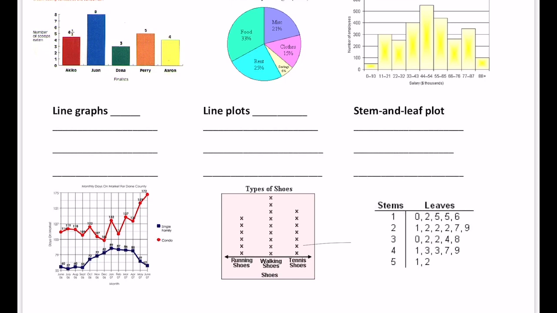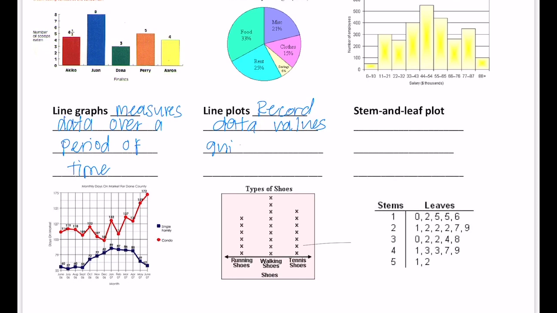Line graphs typically measure data over time. Line plots let you record data values, and it'll show your exact values.